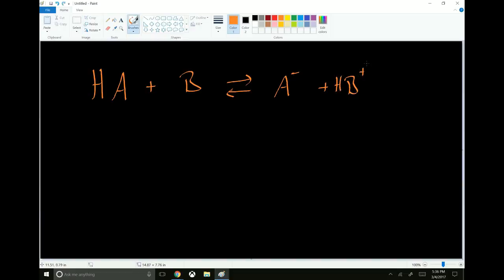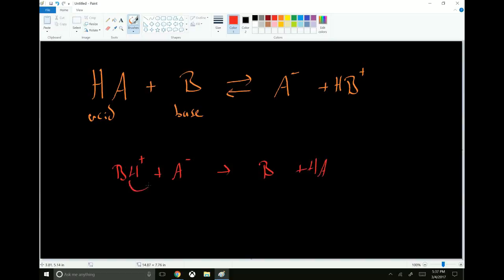And this reaction goes both ways. It's an equilibrium, meaning that over here on the left, you have an acid and you have a base. But over here on the right, going in the other direction, you have HB+ and A- going to form B plus HA.